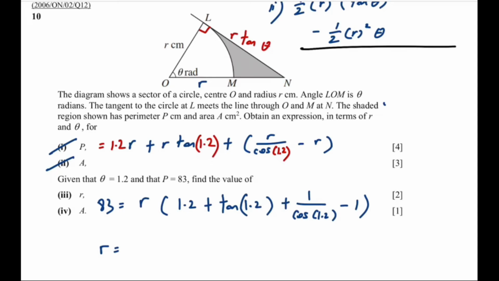Let's see what we have. 1.2 plus tan 1.2 plus 1 over cos 1.2 minus 1, not plus 1.